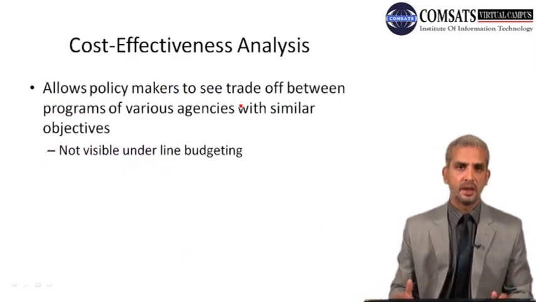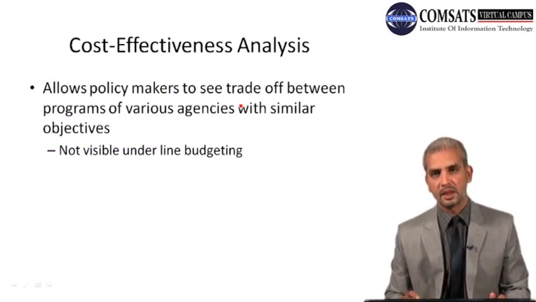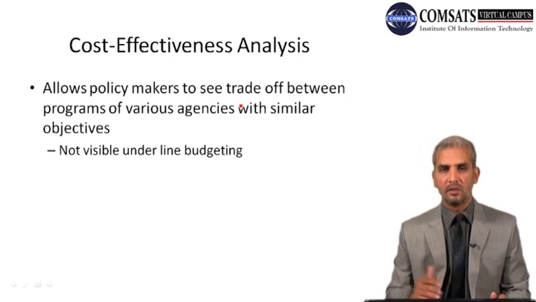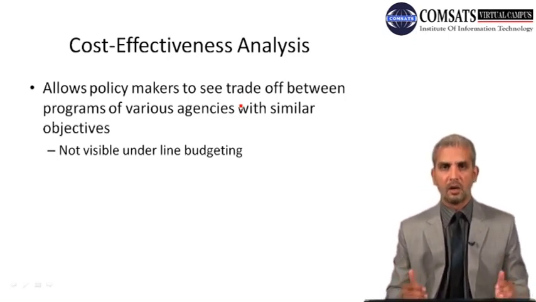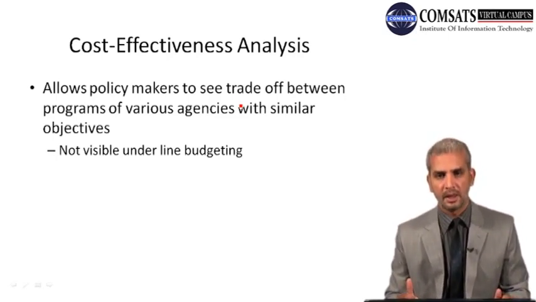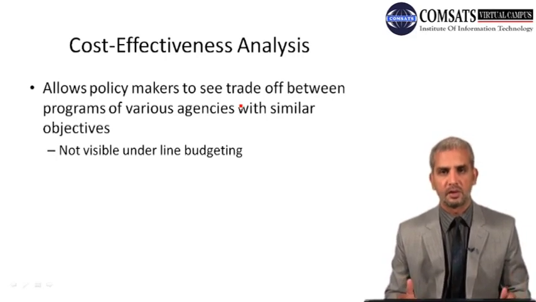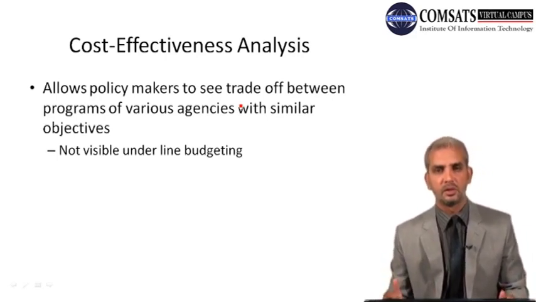So policy makers can see the trade-off between programs of various agencies which have basically a similar objective. The trade-off would be in the sense that there is a limited amount of budget, since all those agencies need to request funds for the programs they have asked for. So budget needs to be allocated to those agencies.